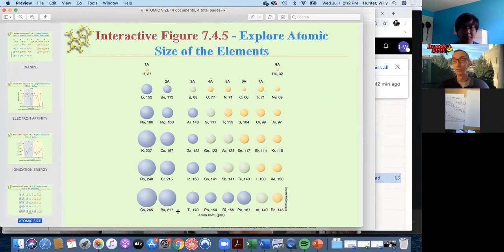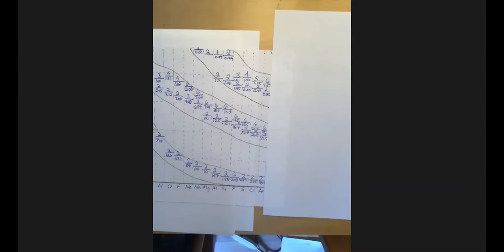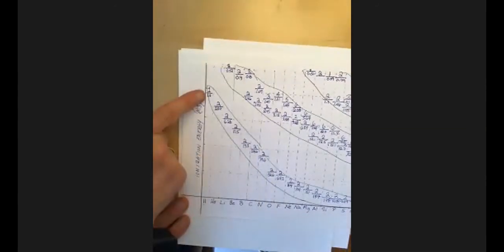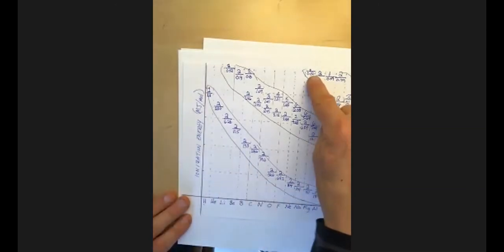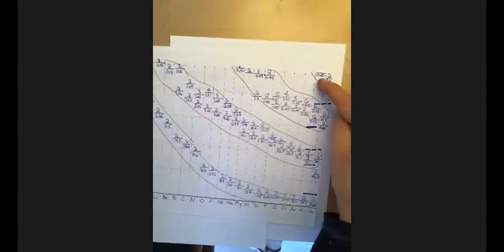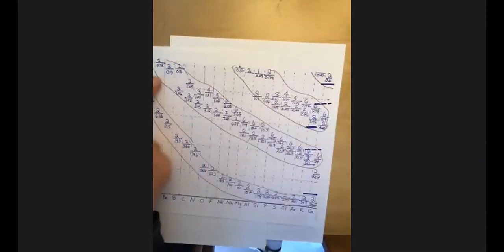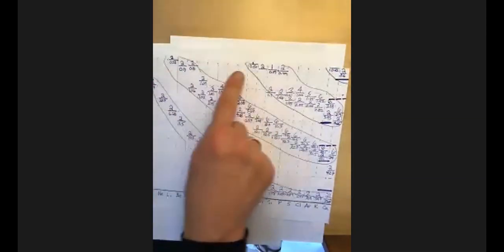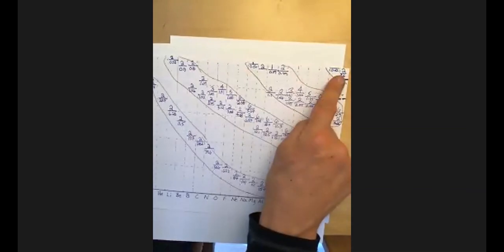Now you can probably begin to say why that's the case if we look back at the photoelectron spectroscopy and I say, what happens as I go from hydrogen to lithium to sodium and to potassium? 3.55, 0.5, 0.42, they get bigger as we go down that column.